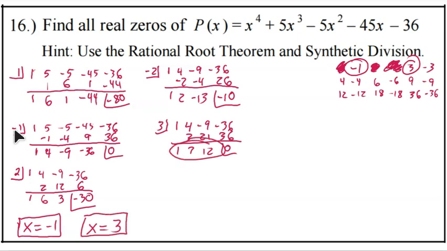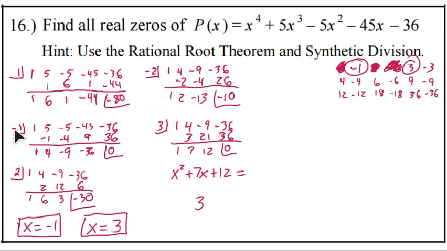Now the bottom is down to 3 numbers. And that means that this is going to be x squared plus 7x plus 12. And we could do the quadratic formula where a is 1, b is 7, and c is 12. But hopefully we can factor this thing, okay? Are there 2 numbers that multiply to 12 but add up to 7?